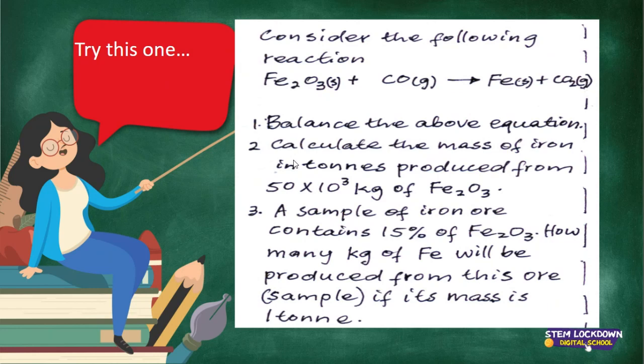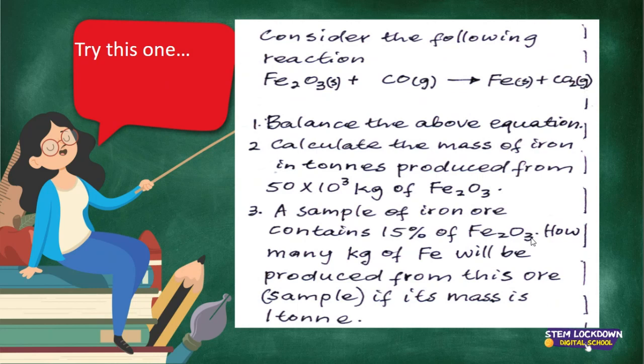So the first question was: balance the above equation. The second question was: calculate the mass of iron in tons produced from 50 times 10 to the power 3 kg of ferric oxide, or iron 3 oxide. The third question was that a sample of iron ore contains 15% ferric oxide.